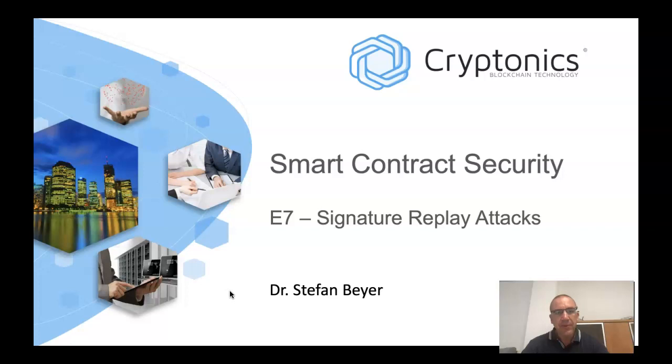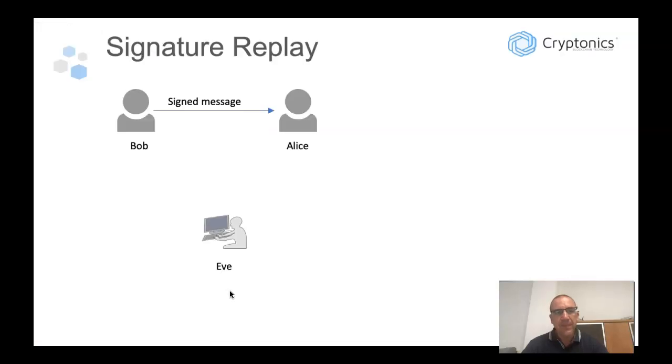So first of all, what is a signature replay? Well, a very simple scenario, using public key cryptography to sign messages. Bob sends a message to Alice, just any signed message. And there's also Eve listening to the communication channel.